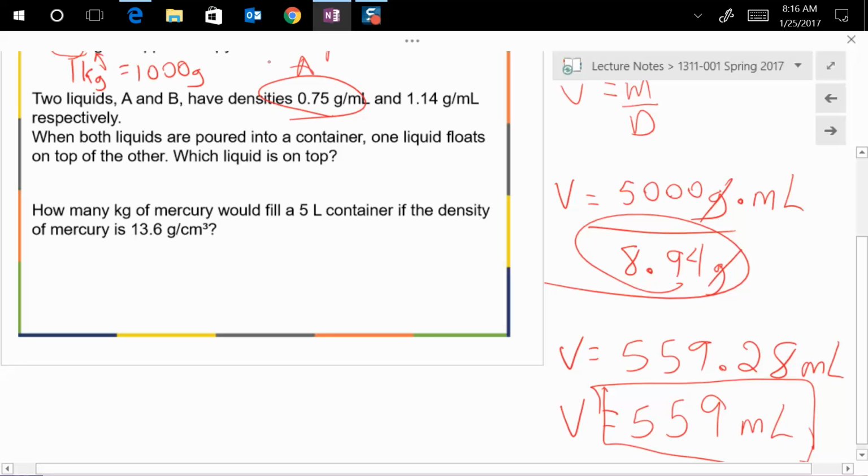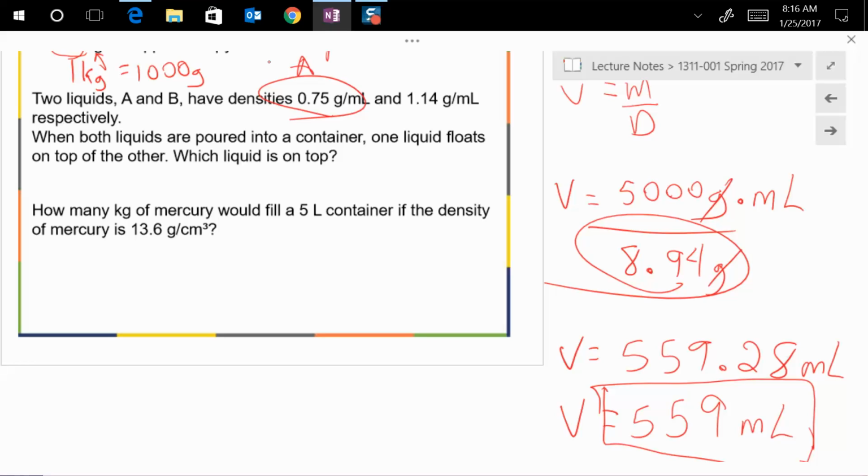How many kilograms of mercury would fill a 5-liter container if the density of mercury is 13.6 grams per centimeter cubed? Okay, so go ahead. I want you guys to work on that one. Think about what you're going to have to do.